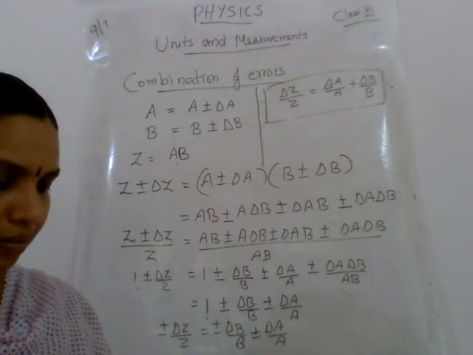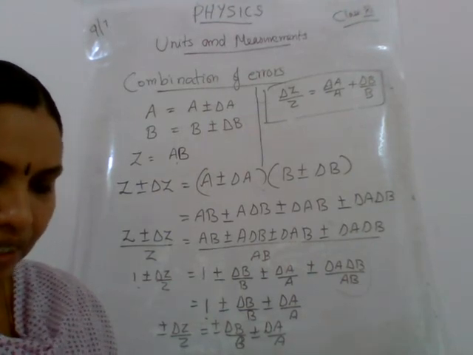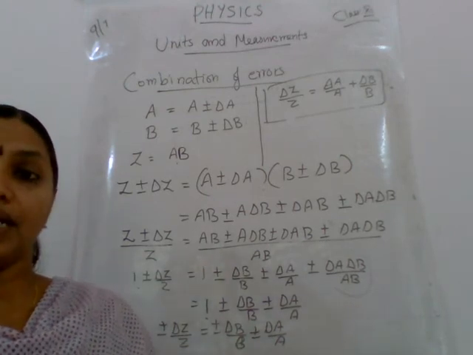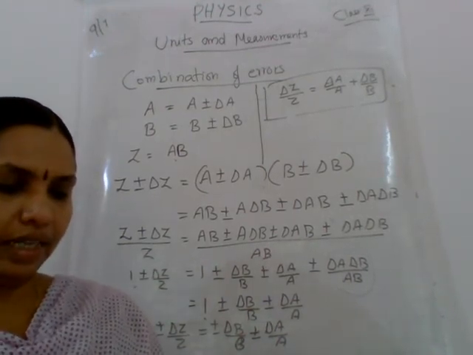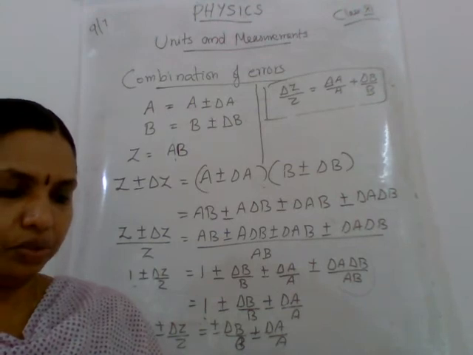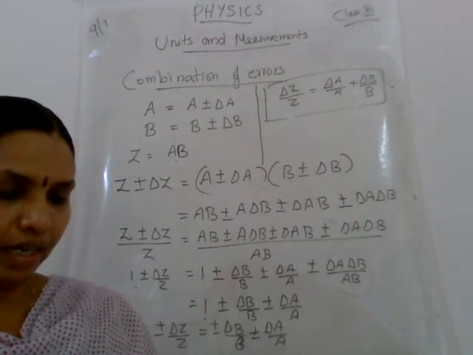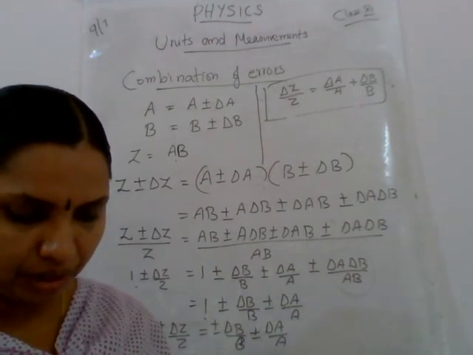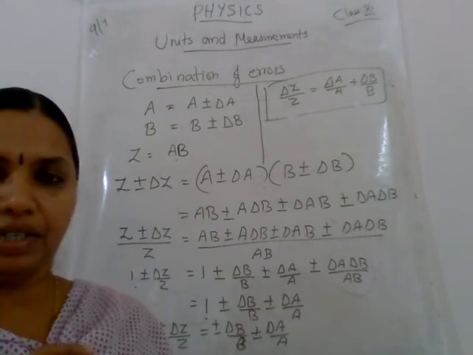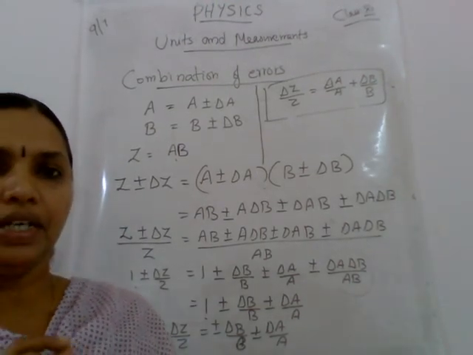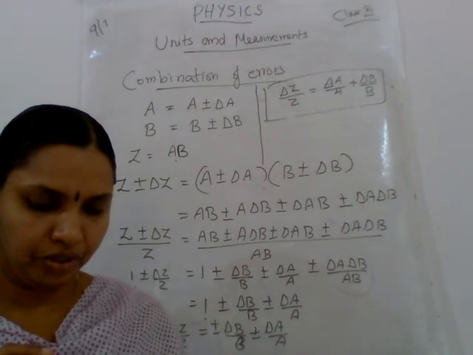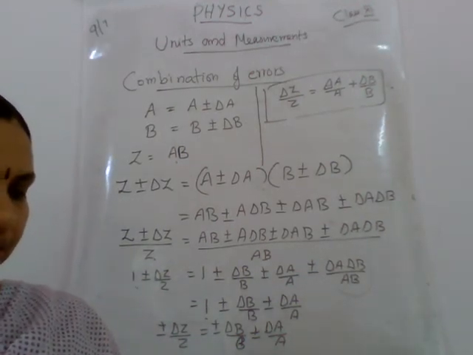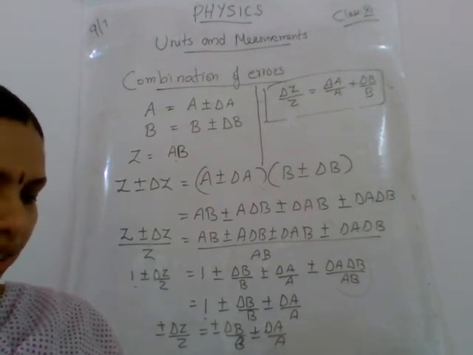How can we estimate the error in the product and quotient? Add that also for product, quotient and power of different measured quantities.